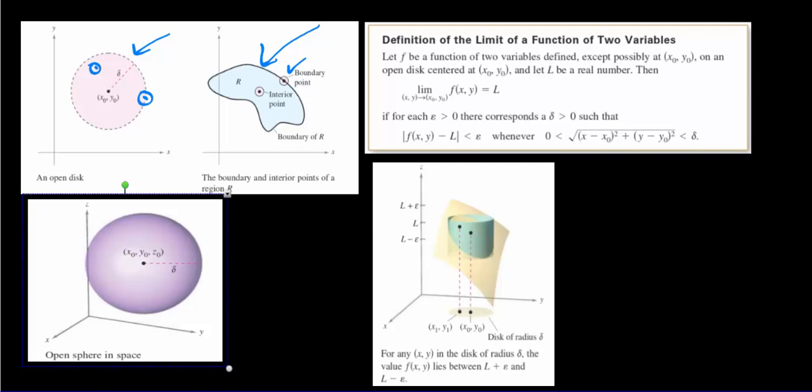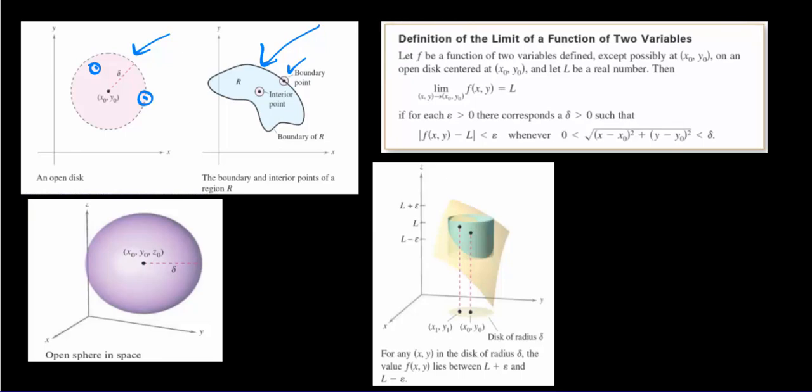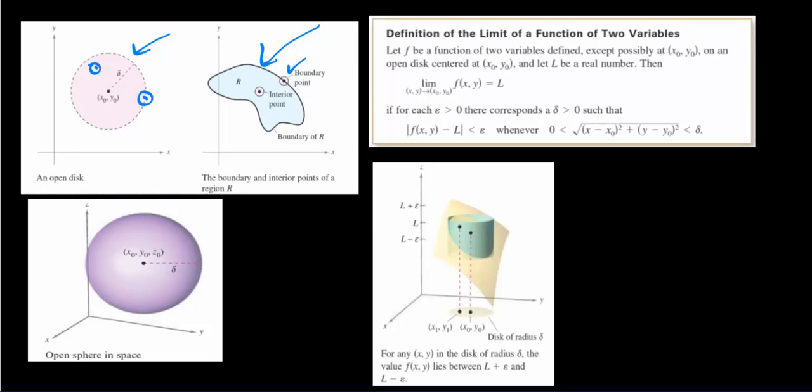If we go up a dimension, then you're not going to have this exactly the way it is here. It's going to have x minus x naught squared plus y minus y naught squared plus z minus z naught squared. So instead of a circle, it's going to be a sphere.